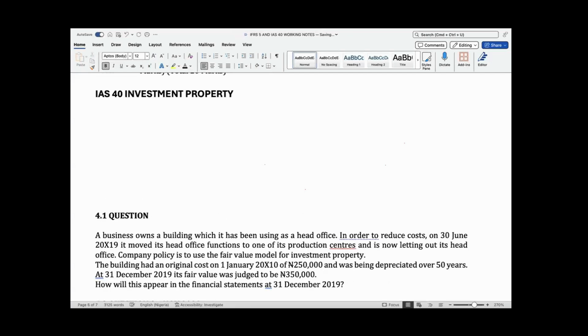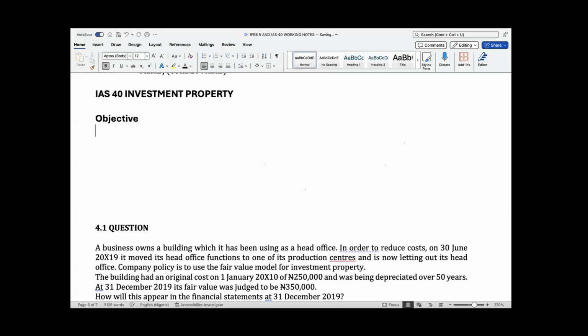So majorly, what we want to look at is to prescribe the recognition and measurement of investment property. That's the objective of what we want to look at.